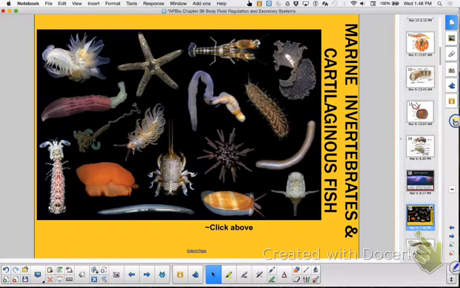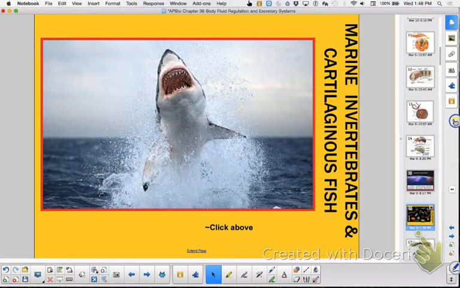Marine invertebrates and cartilaginous fish, like sharks. The way they solve it is they keep a high level of urea in their blood, and their cells can withstand that high level of urea, unlike us.